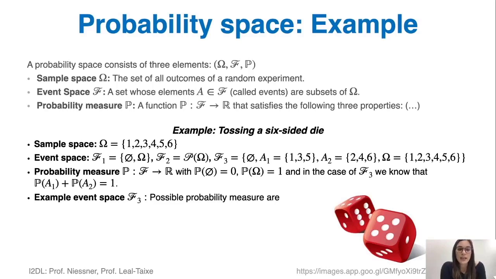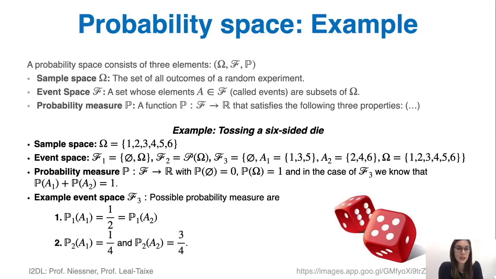And now we want to take the event space F3 as an example. Like we can look at one possibility where we define the probability of A1 equal to the probability of A2, namely both being 1/2. If we take the sum of both of them, we obtain 1, which is fine with the observation that we derived before.